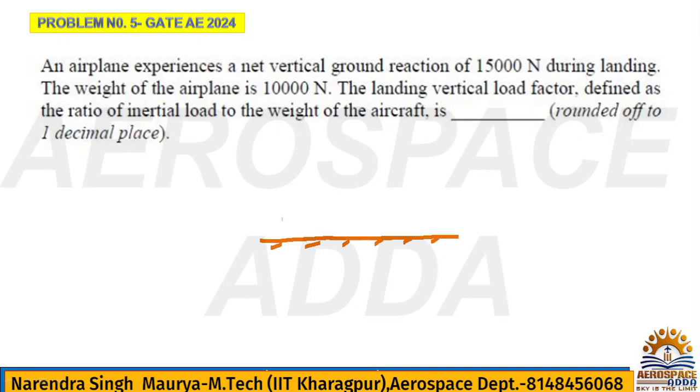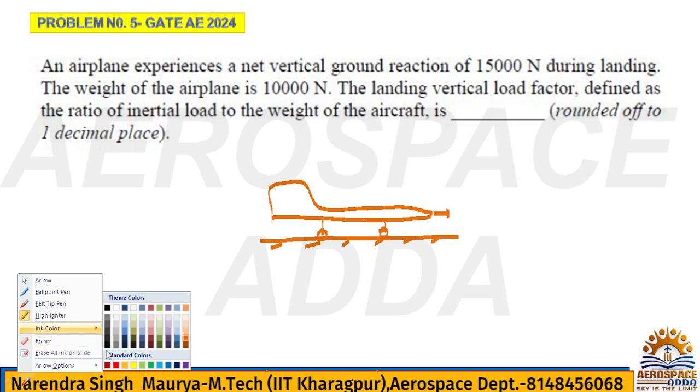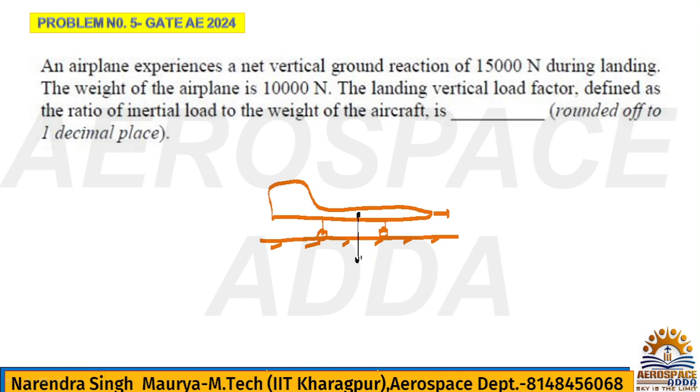The weight of the airplane is 10,000 Newton. And once it is in landing condition, the vertical ground reaction load is 15,000 Newton.